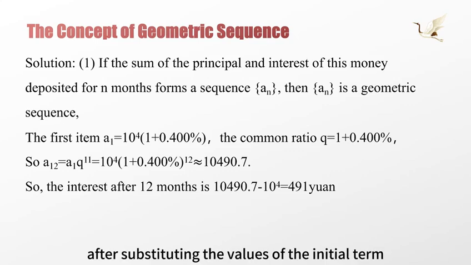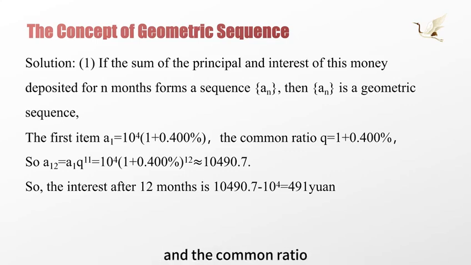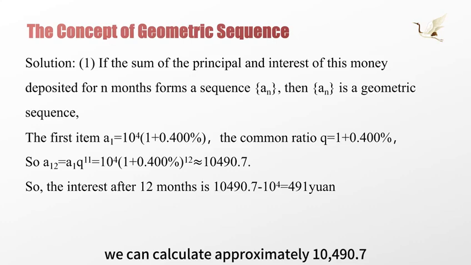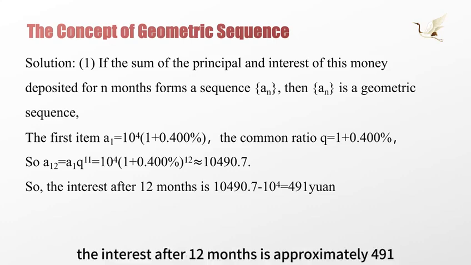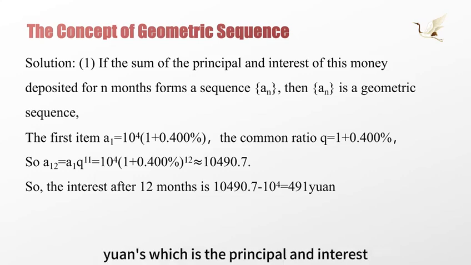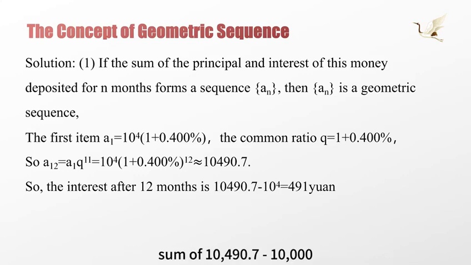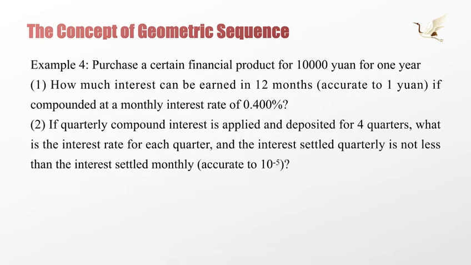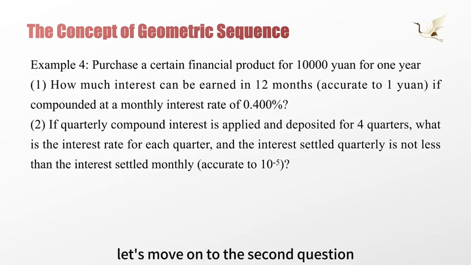After substituting the values of the initial term and the common ratio, we can calculate approximately 10,490.7 using a calculator. Therefore, the interest after 12 months is approximately 491 yuan, which is the principal and interest sum of 10,490.7 minus 10,000. Let's move on to the second question.